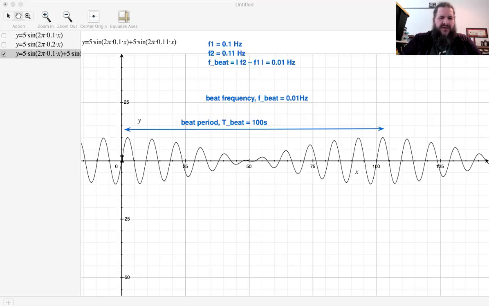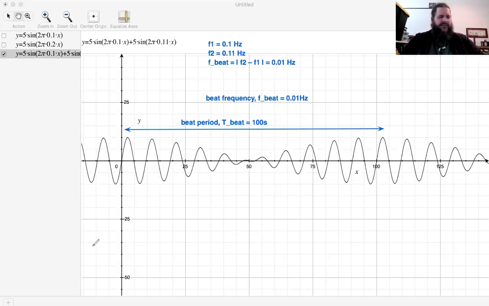Like in this case, the actual point where it's the highest interference is actually going to be at 0, which is at equilibrium. So I think actually here the beat period would be from 0 to 100. That would be the constructive interference to the next constructive interference. So from 0 seconds to 100 seconds. Or you could say from quiet to quiet, from 50 to 150 would be the next one.